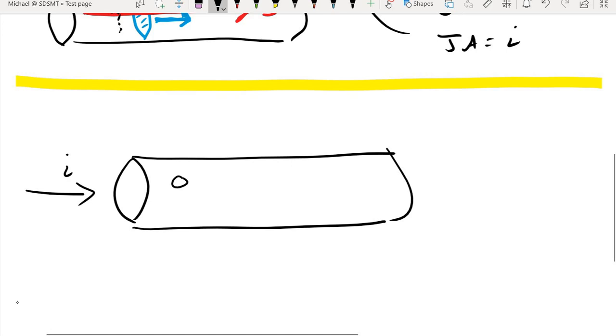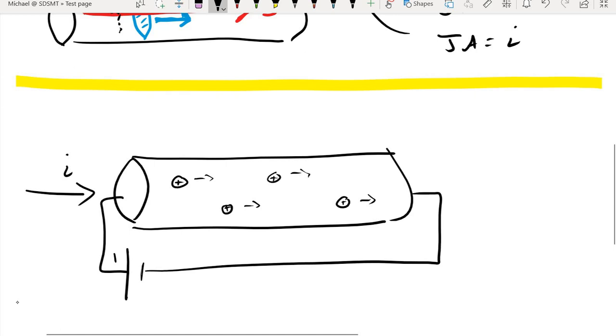We have all these individual charges throughout the material that are trying to get through, and we need to ask ourselves, well, why are they traveling in that direction? And that's going to be because we're connected up to some kind of potential source.